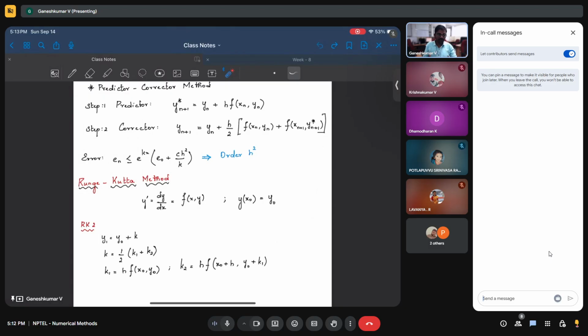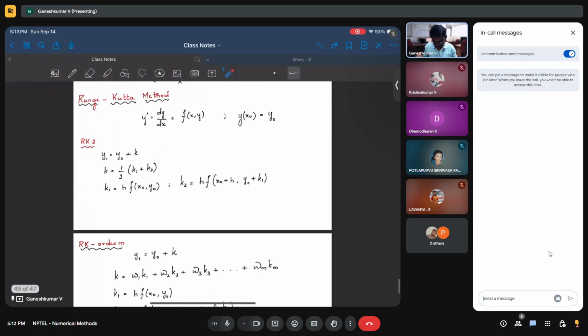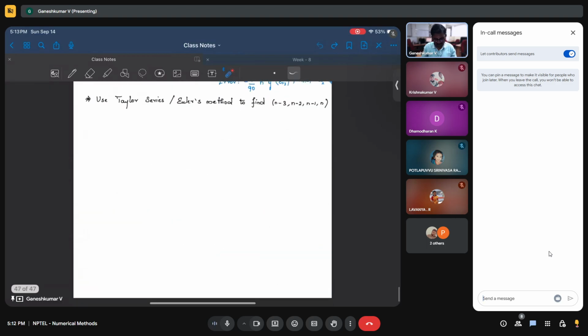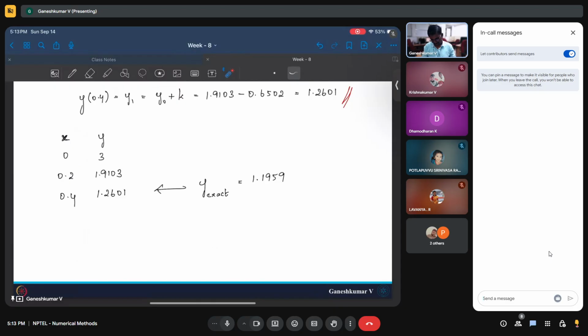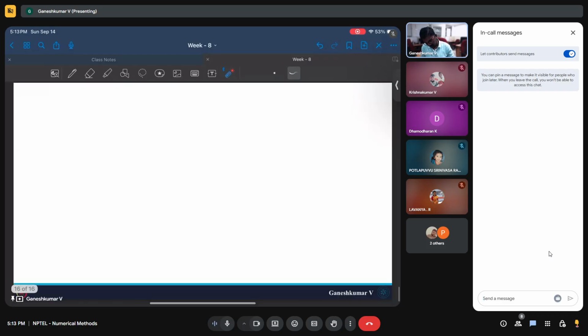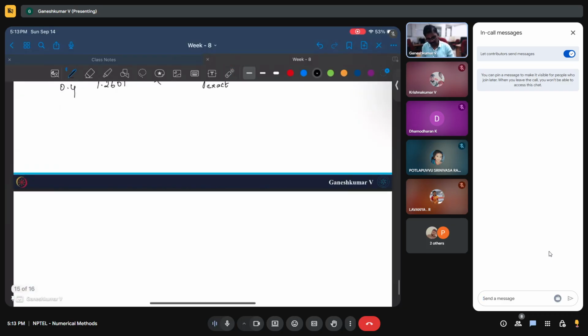Even if you use modified Euler, it's going to give you the same results. Basically, they both are one and the same. You can verify that. I hope RK2 is clear. We have to evaluate K1, K2, and substitute in the main formula. That's it.